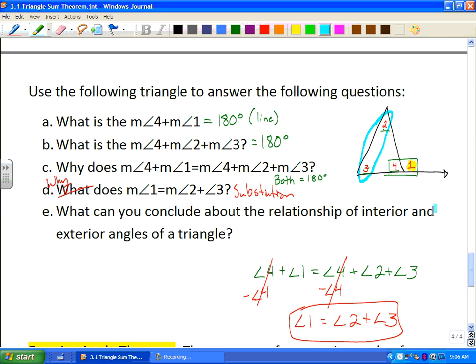What can you say about this in terms of describing it? About the relationship between the interior and the exterior angles of a triangle.